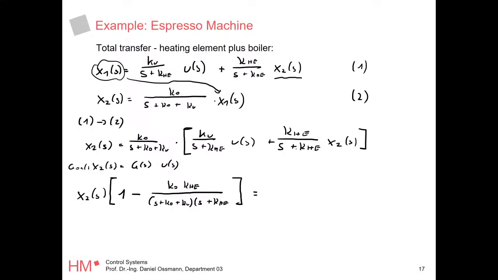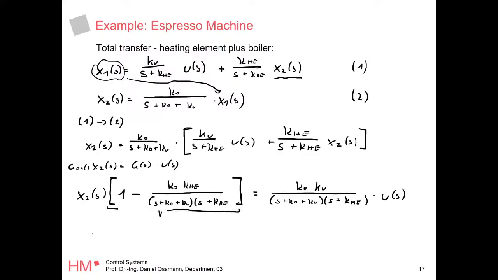And on the right hand side, our U remains, so we've got kappa O times Ku over S plus kappa O plus kappa U. You will have the nice version in the final script, or you actually already have it, because I uploaded it. Times U of S. And then we simply need to divide by this guy.